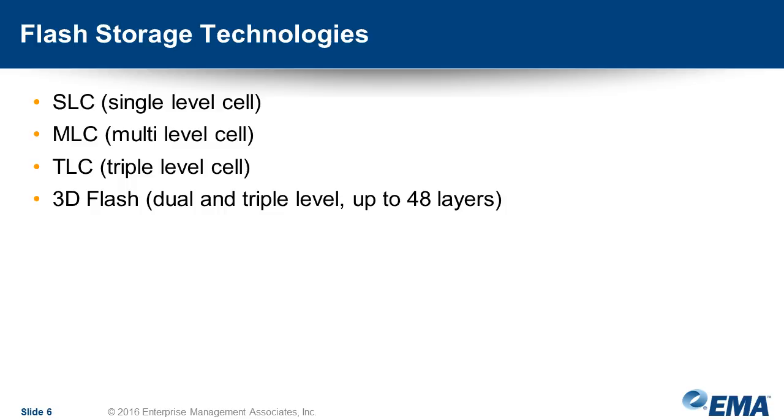What we find is that many vendors like to use a combination of these technologies. For instance, MLC for the landing zone for the most active data, and TLC for the colder data that isn't going to experience very many write operations, so the endurance is not that big of an issue. And then lastly, latest to the market is 3D technology.